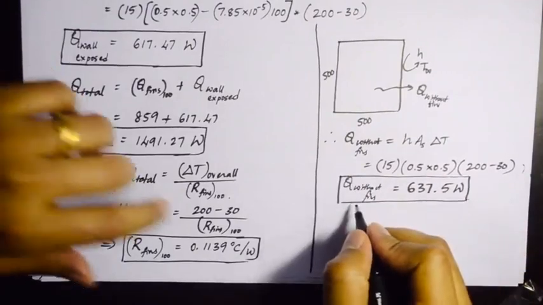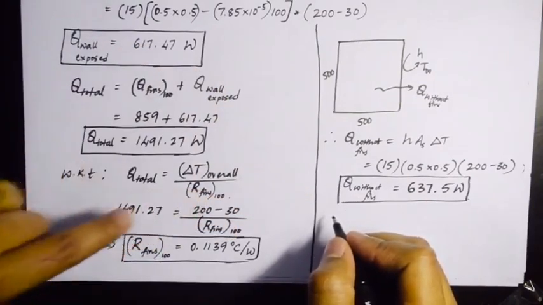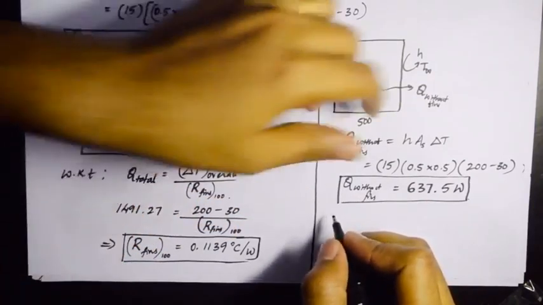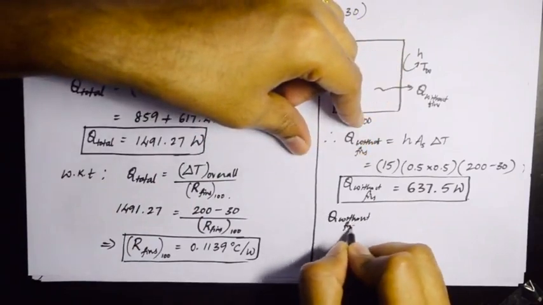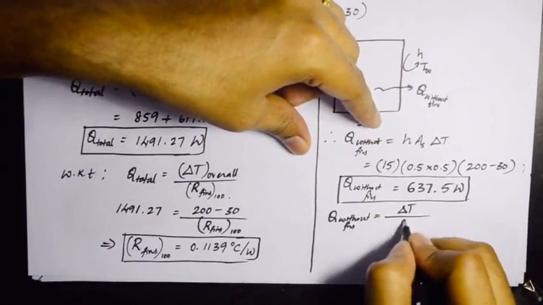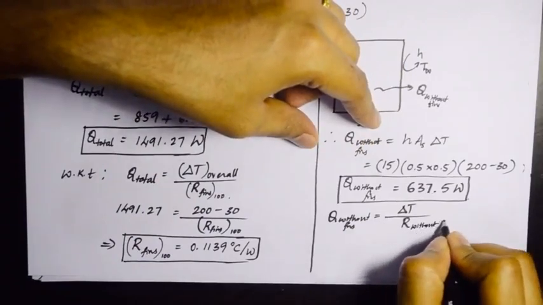So once we have found out the rate of heat transferred without fins, we can also find out the resistance with the same formula what we saw in the previous case. So heat transferred without fins, we'll name this resistance without fins.